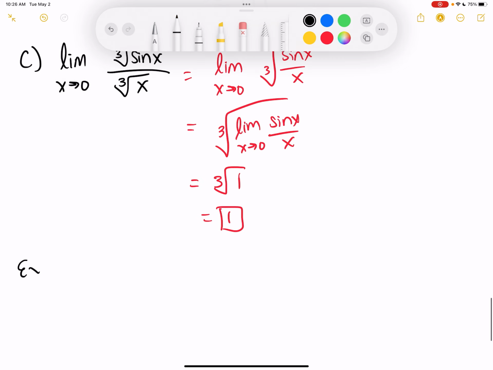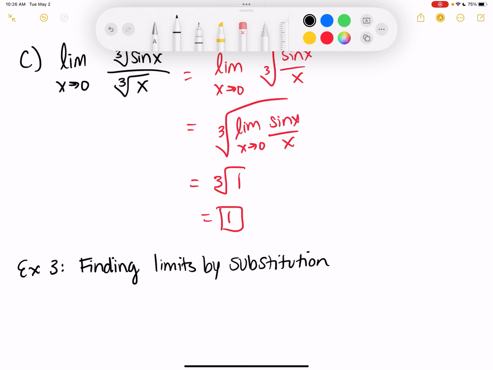All right, next example, finding limits by substitution. So we're going to have two of these. So the first one, the limit as x approaches 0 of e to the x minus the tangent of x.